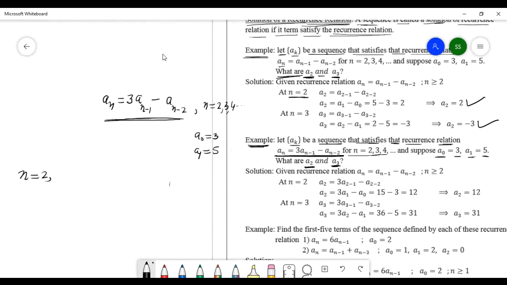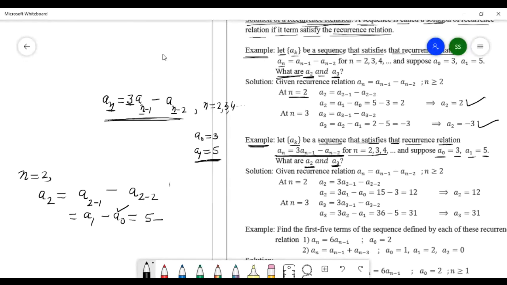Now n equal to 2. So here n is with 2. This equals a, n is with 2 and minus 1, minus, n equal to 2, 2 and minus 2. Right? Equal to what? A1 minus here A0. A1 is present in the question. Look over here, A1 equal to 5, minus A0. A0, I'm sorry, this is 3.